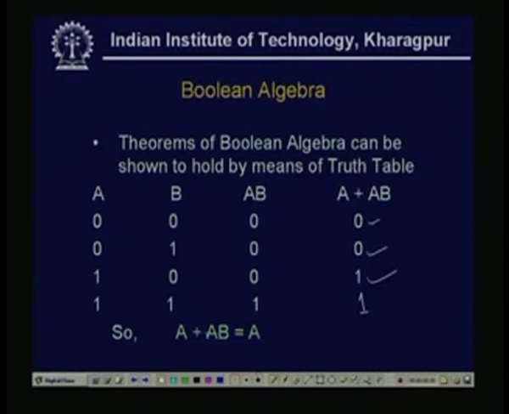So, by drawing the truth table also, we can see that A plus AB is 0 0 1 1, and our A is also 0 0 1 1. So, actually A is equal to A plus AB. What we have proved with the help of the postulates, we can also check by drawing the truth table.